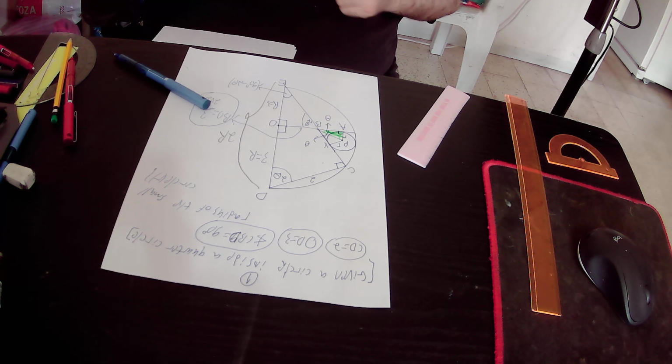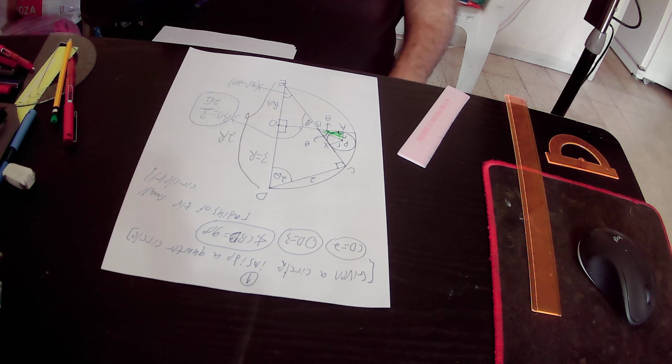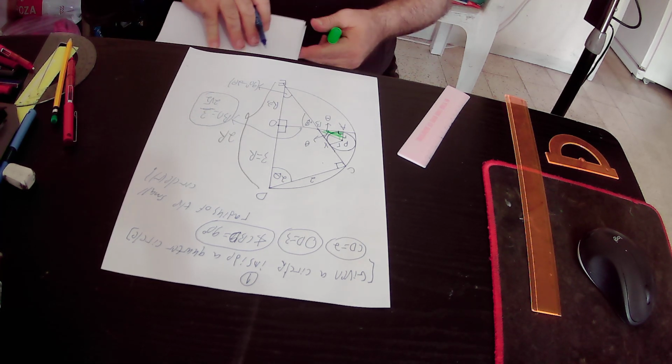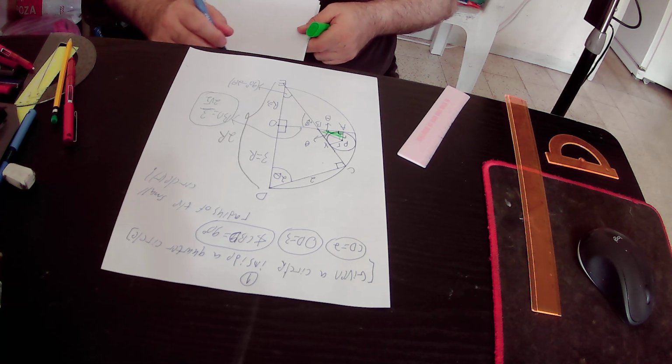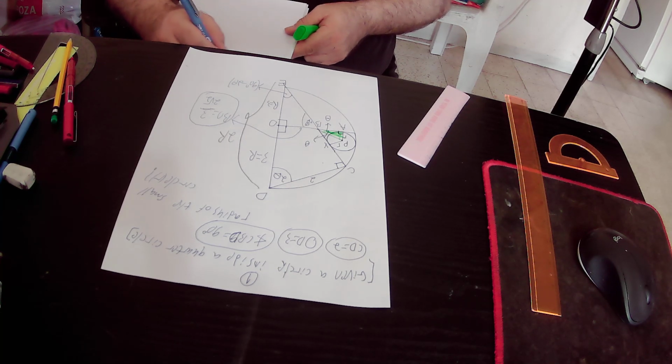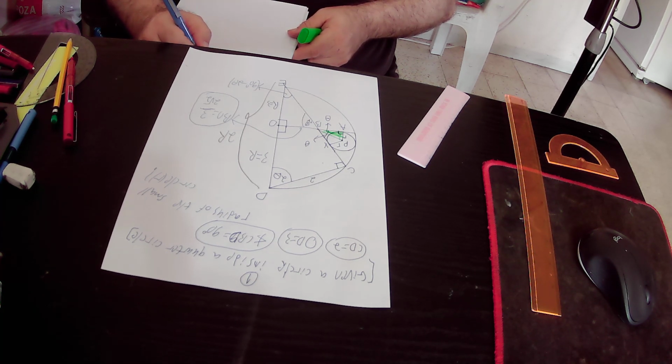So, according to the Pythagorean theorem, in any right triangle, the square of the hypotenuse equals the sum of the squares of the perpendiculars. That is to say, AP square plus AB square equals PB square.